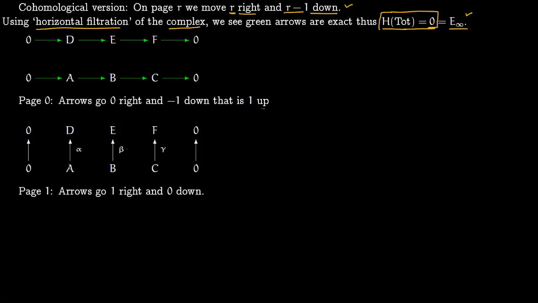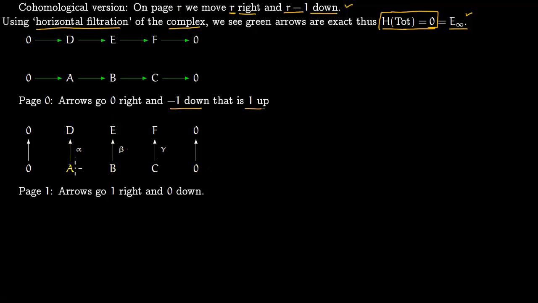First we work on page 0. On page 0, arrows go 0 right and minus 1 down, that is R right and R minus 1 down. Minus 1 down means 1 up. The only non-zero modules are A, B, C and D, E, F. Everywhere else on page 0 you have just zeros.